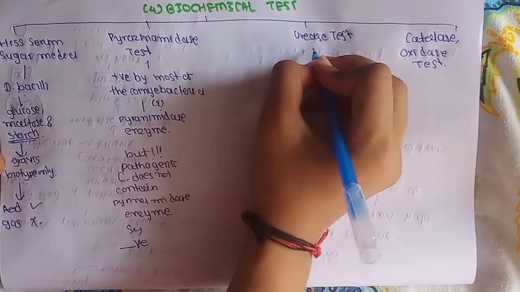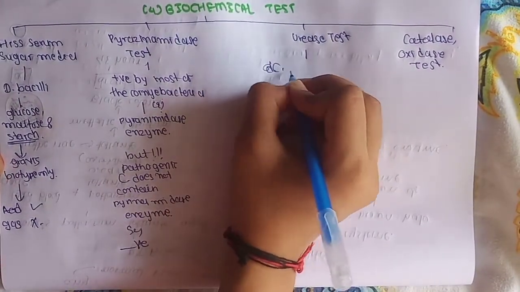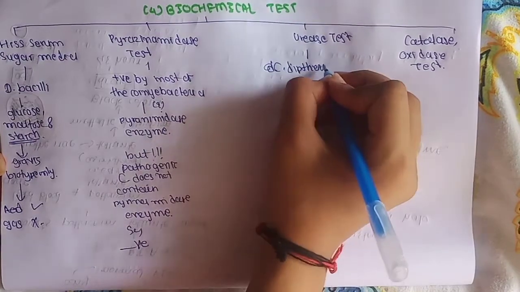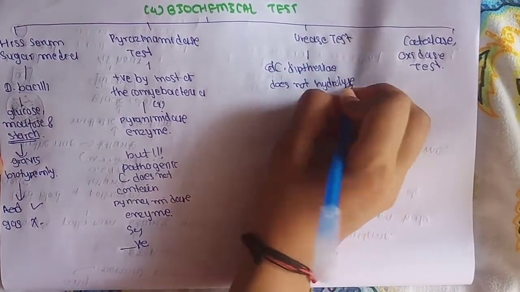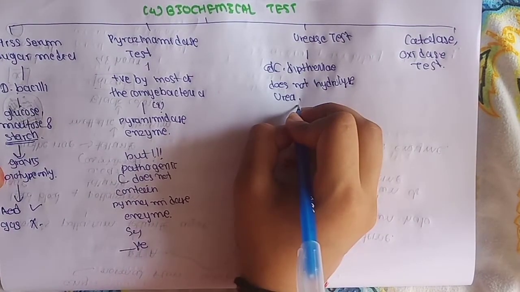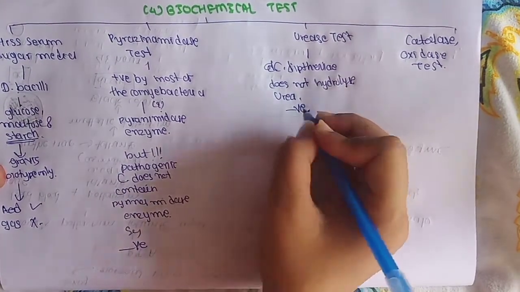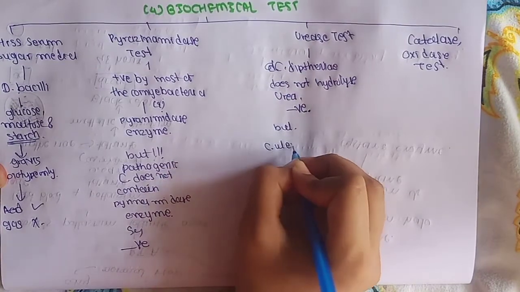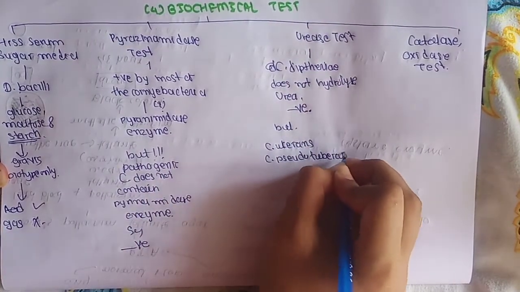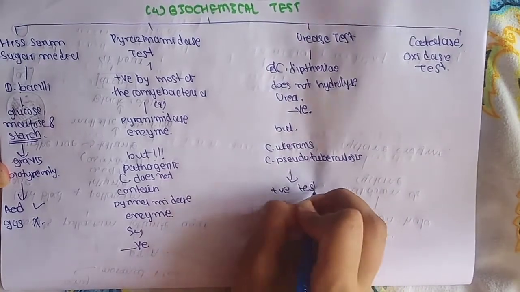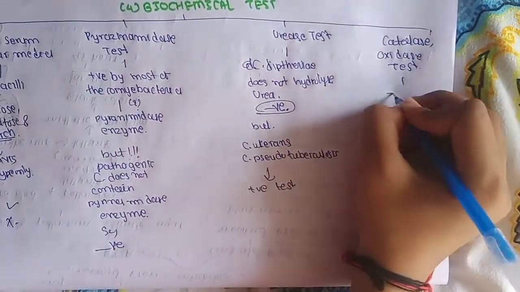The third is the urease test. See, diphtheria does not hydrolyze the urea, so it will give a negative urease test. But other corynebacteria like C. ulcerans and C. pseudotuberculosis will give a positive urease test. Corynebacterium diphtheriae gives negative catalase and oxidase tests.